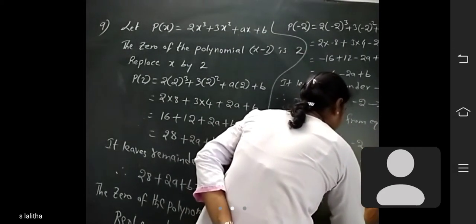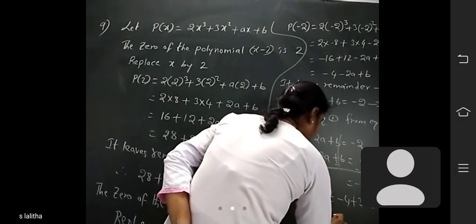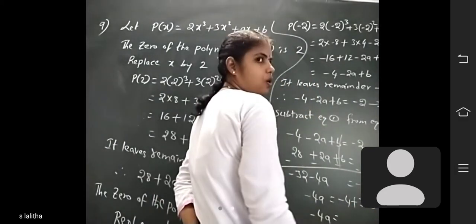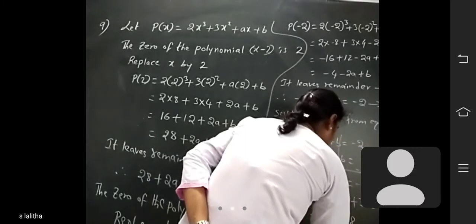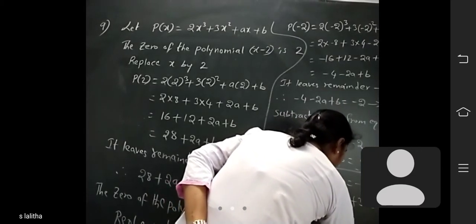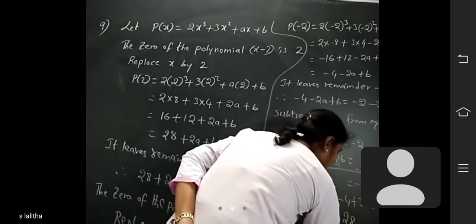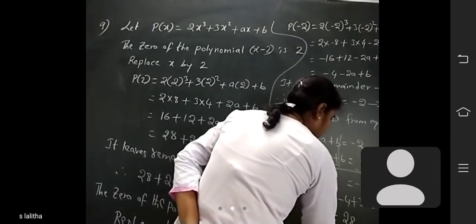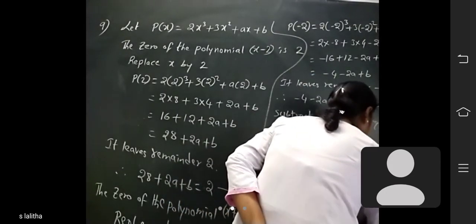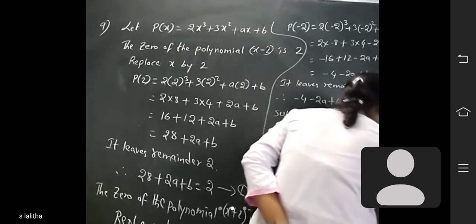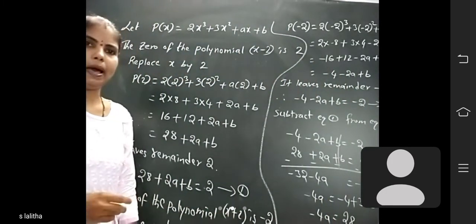Plus 32. So minus 4a is equal to 32 minus 4, how much? 28. So a is equal to 28 by minus 4, division, 7. So a is equal to how much? Minus 7. A equal to minus 7.